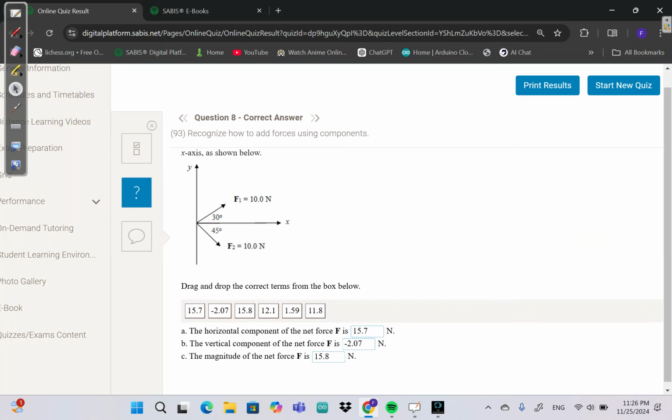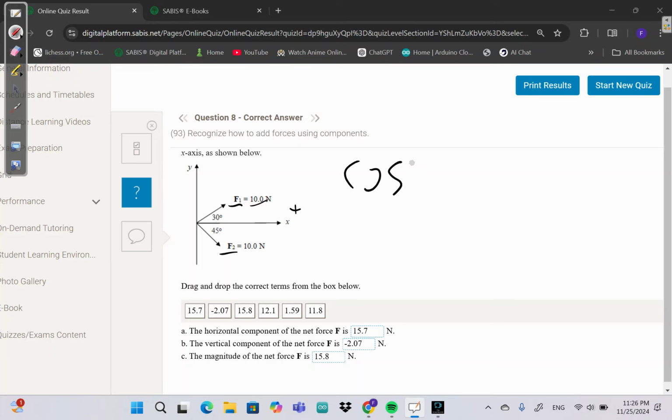Now, question 8. Okay, this question needs a little bit more thinking than the others. So the horizontal component of the net force is equal to the horizontal component of the first force plus the second force. So we need the horizontal component of the first force. We said the horizontal component is cosine of the angle times the force.